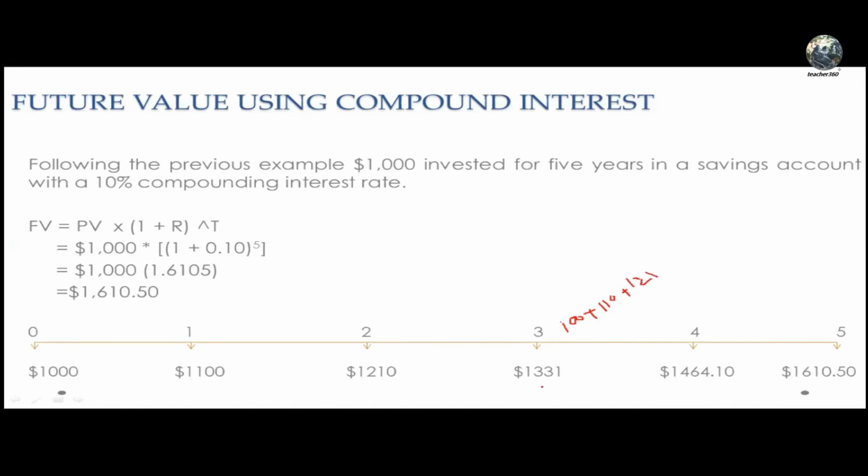Altogether, your interest is 331 and your principal is 1,000. So future value in the year 3 is $1,331. So this way you can find out in the next year's future value.